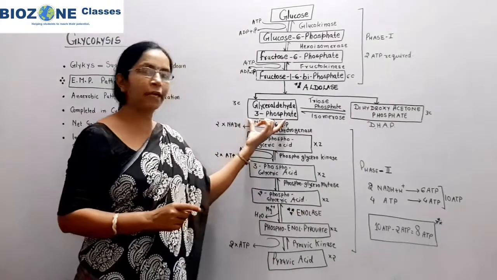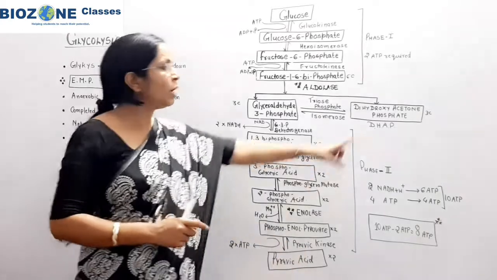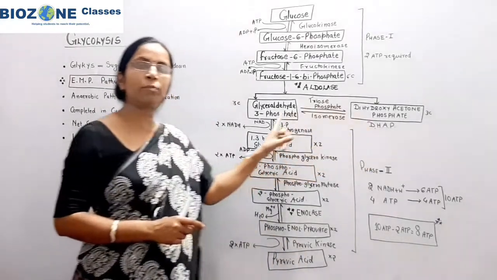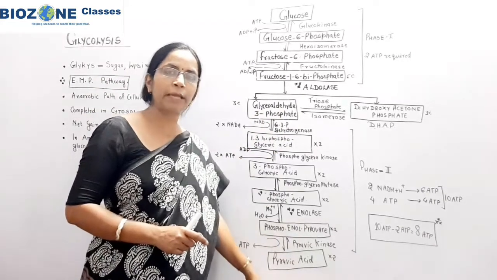Now here 1 molecule of glyceraldehyde 3-phosphate is entered. After that DHAP is again isomerized into G3P, and that G3P also undergoes the same pathway.